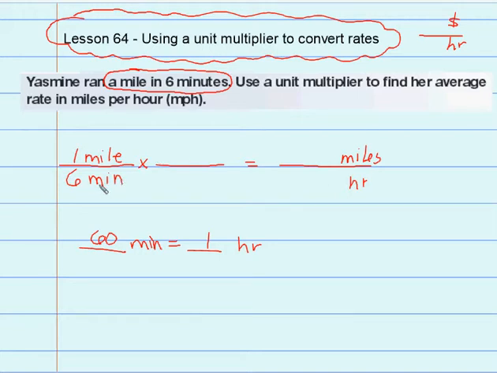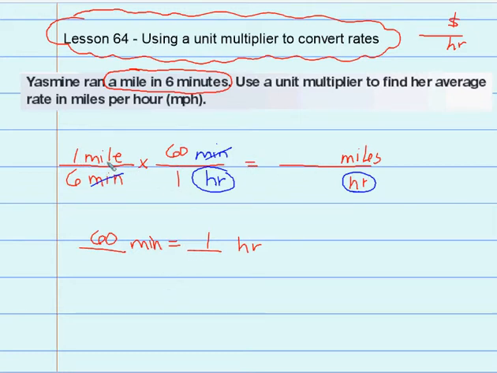I don't want the minutes to be here anymore, so I need to put minutes up here so that they will cancel out. And I want hours down here, so I need hours down here so that they stay. So I just fill in my unit multiplier with the numbers in the right spots. I need 60 minutes and I need 1 hour.